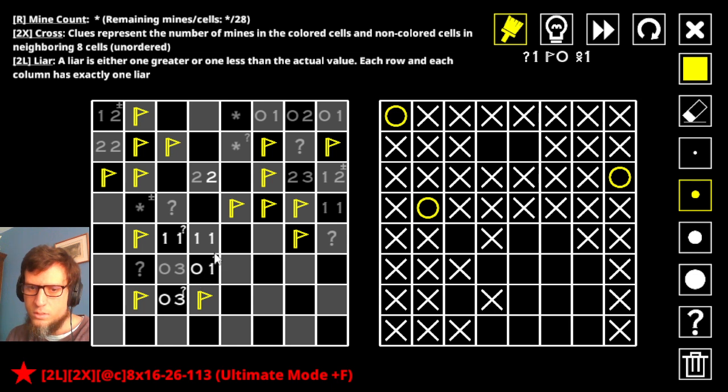It definitely won't. Okay, so if this is a mine, that can't be a liar. We should make that the liar. Which means none of these are liars. Oh. That's so helpful. Okay. Oh no, why am I stuck? How could this happen to me?